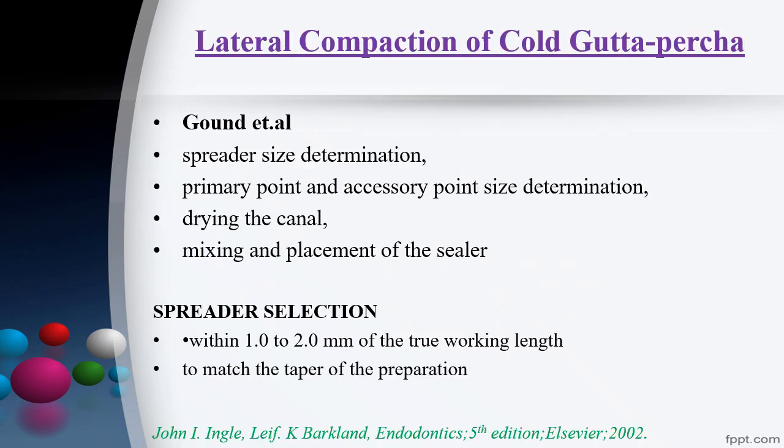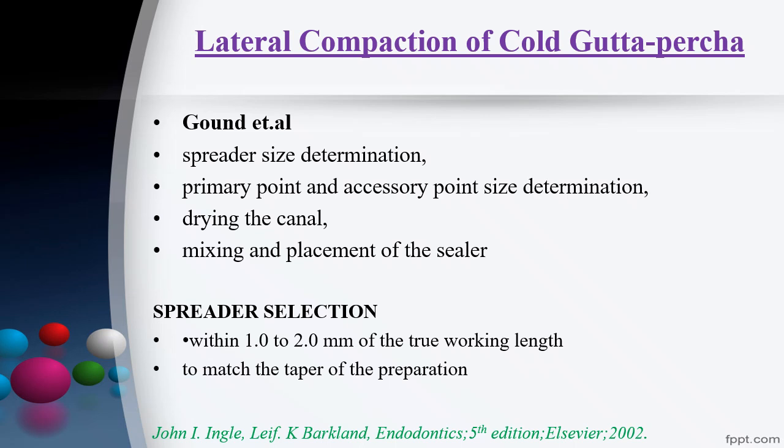Moving on to the lateral compaction technique of cold gutta percha, it is described by Grossman et al. The spreader plays a crucial role in size determination. The primary point, otherwise called the master cone, is selected once the step back technique of preparation is done, and the accessory point size is determined by the spreader, which is used for laterally compacting the master cone.